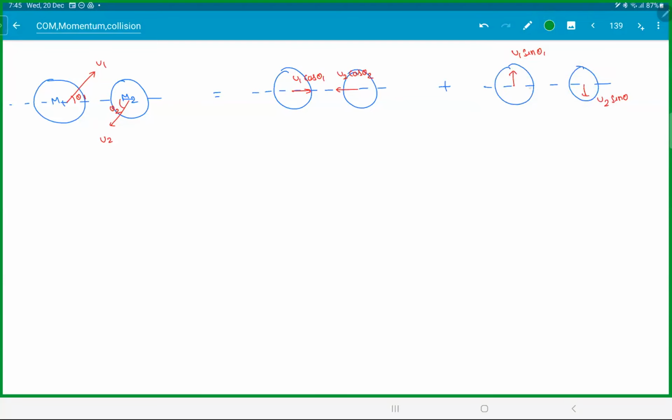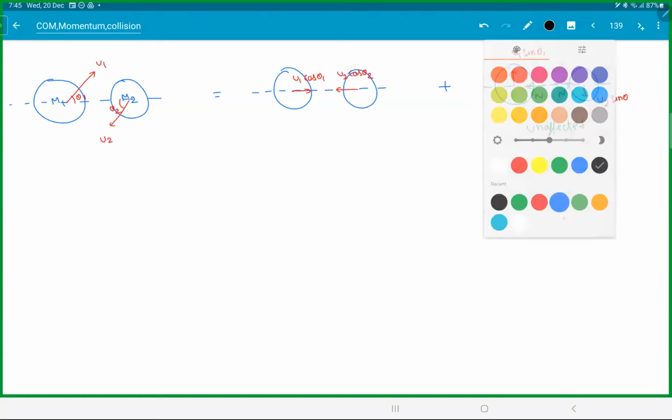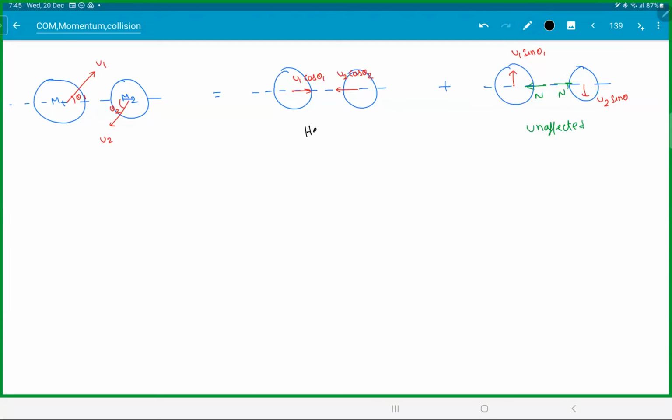So during collision, the force will be along the normal. So these things are unaffected. And this here looks like a head-on collision, and you know how to solve head-on. So let the final velocities be v1 and v2.